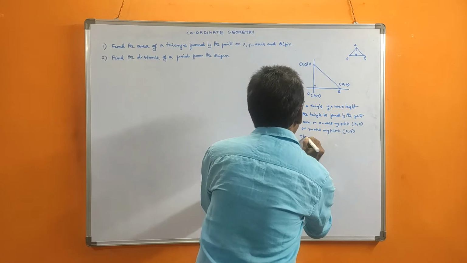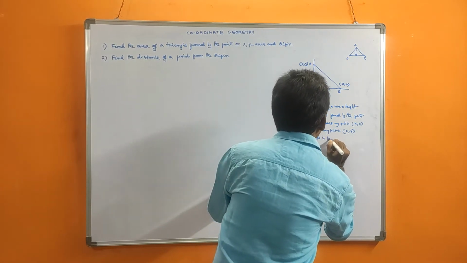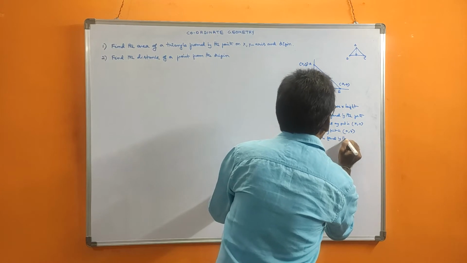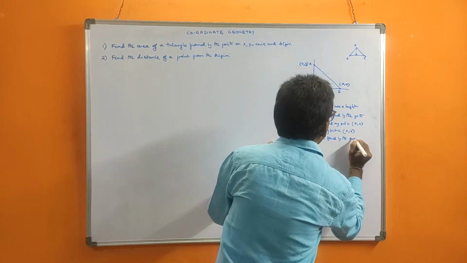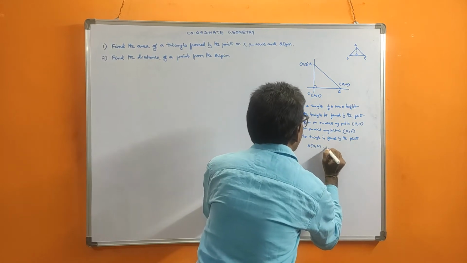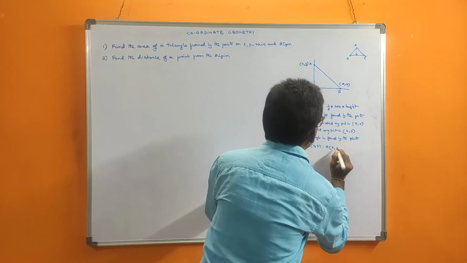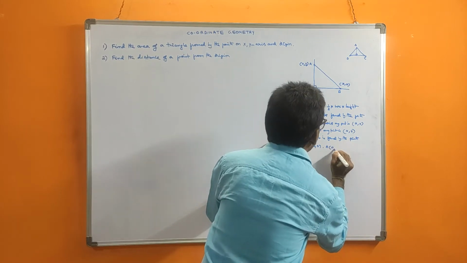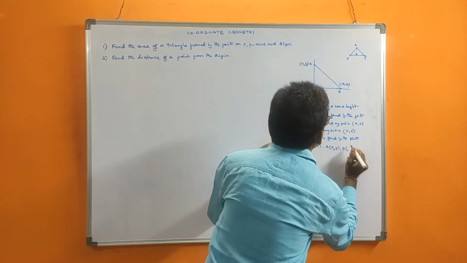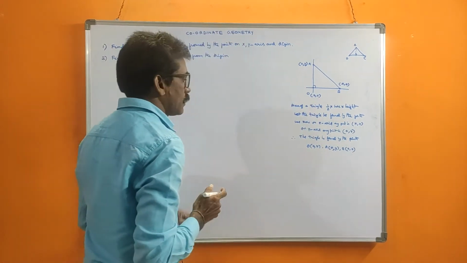Therefore the triangle is formed by the points O (0, 0), A (0, y), B (x, 0). Now this is a triangle.